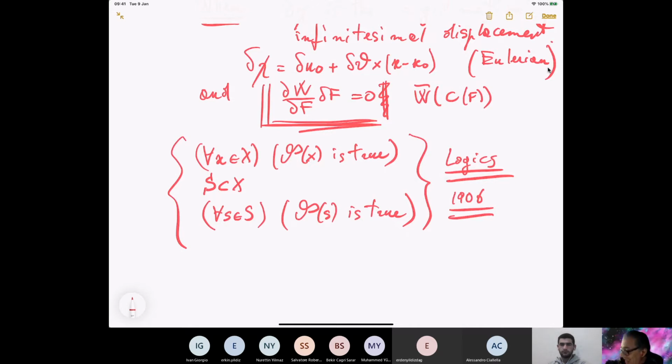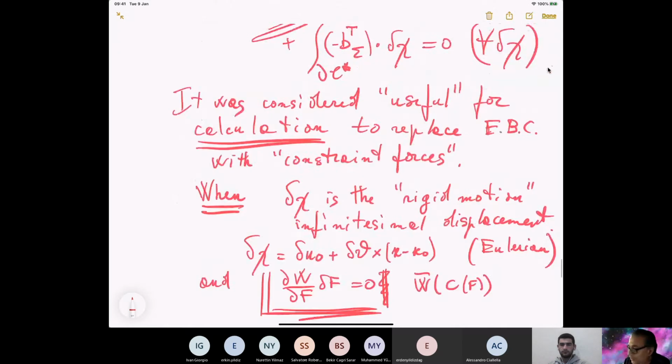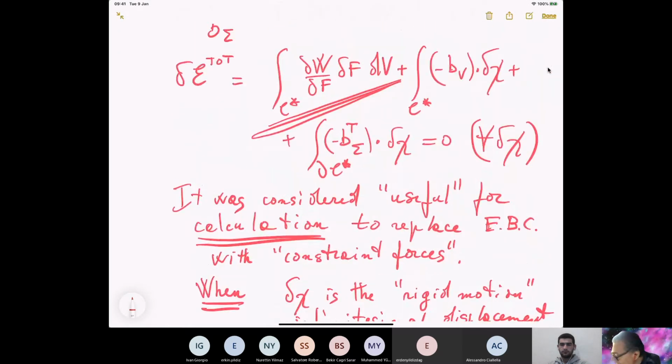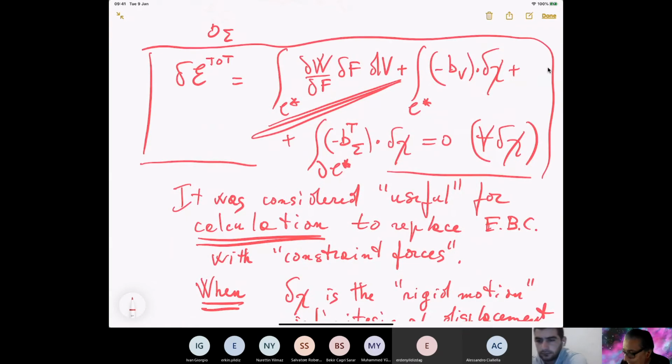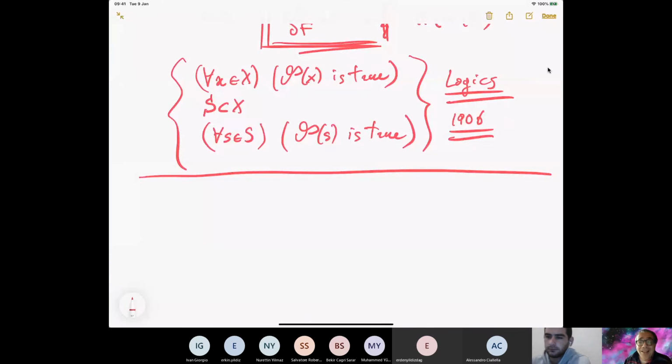Because even great scientists, I will not tell you the name, when I wrote this equality for every delta key, and then I applied it for a specific delta key, a class of rigid body motions, they told me, are you studying then only rigid body placements?